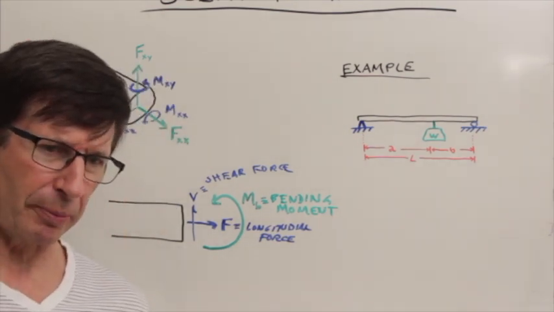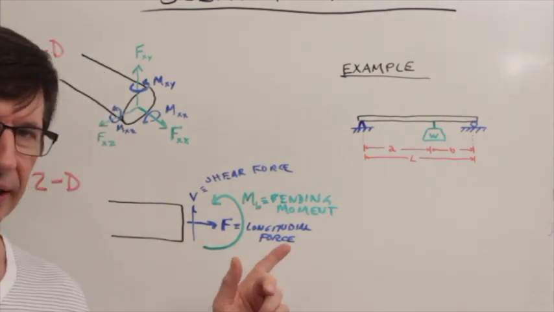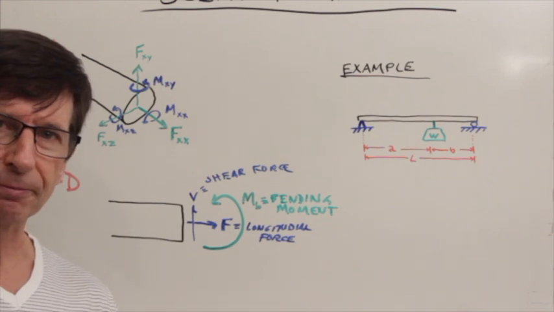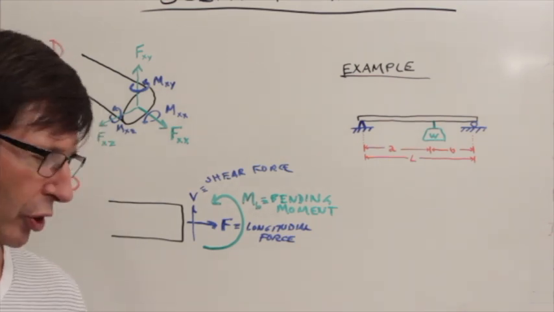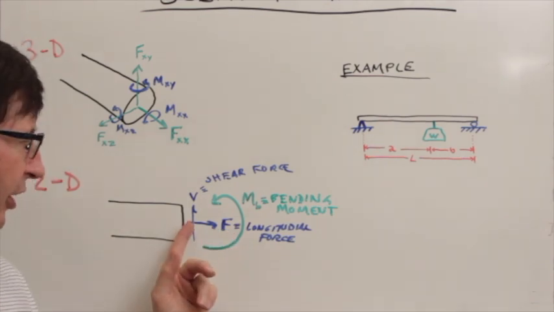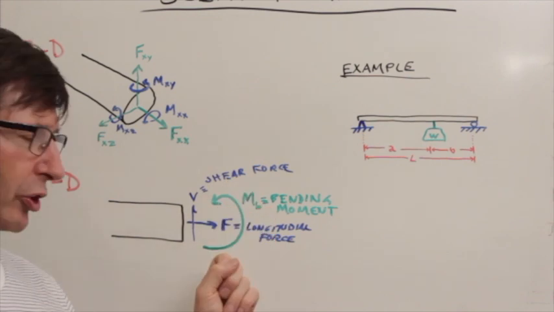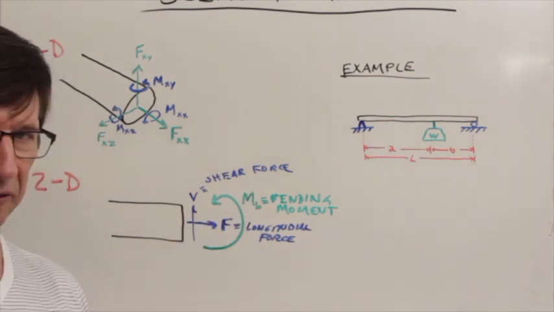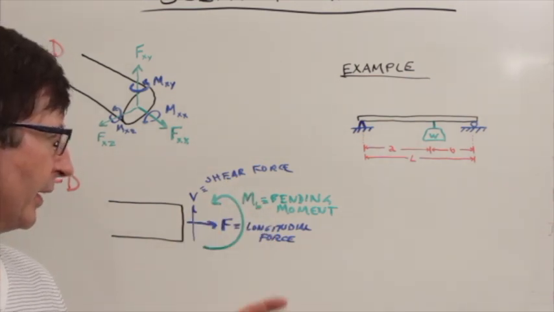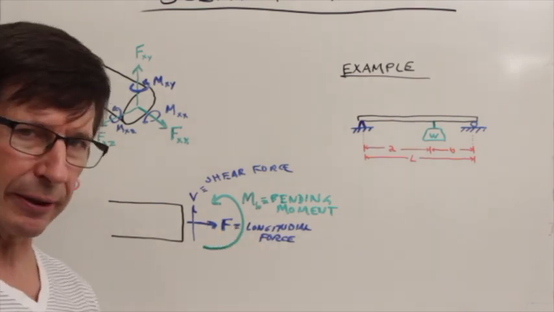Another convention to be aware of is this force is acting in the right direction. So it seems normal that we would call it a positive force, and indeed we do. The shear is acting in the positive y direction, so we would call that a positive shear force. Seems reasonable. And then this bending moment by the right-hand rule is also positive.